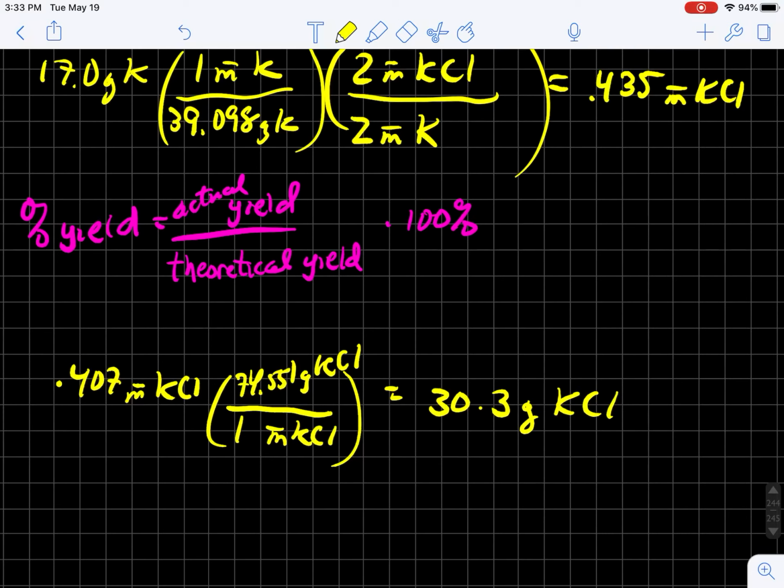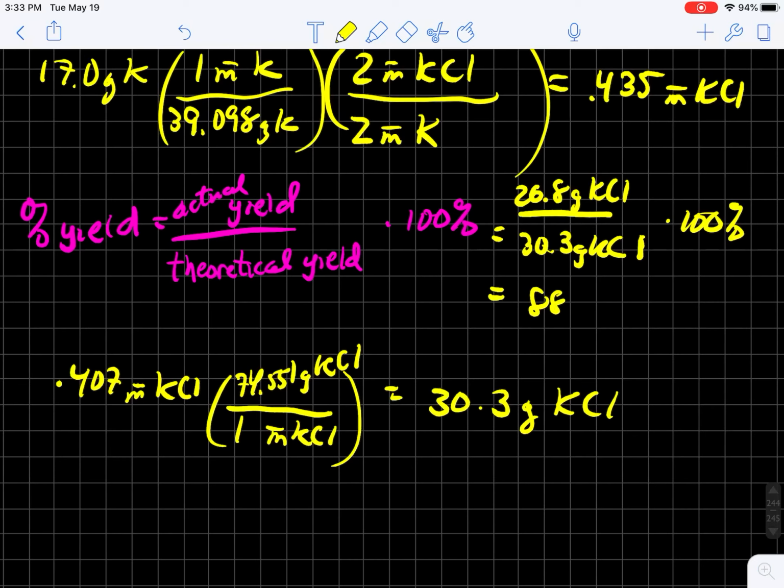Alright, so I can substitute that in. Actual yield the student got was 26.8 grams. Theoretical with 30.3. So that is 88.4% yield.